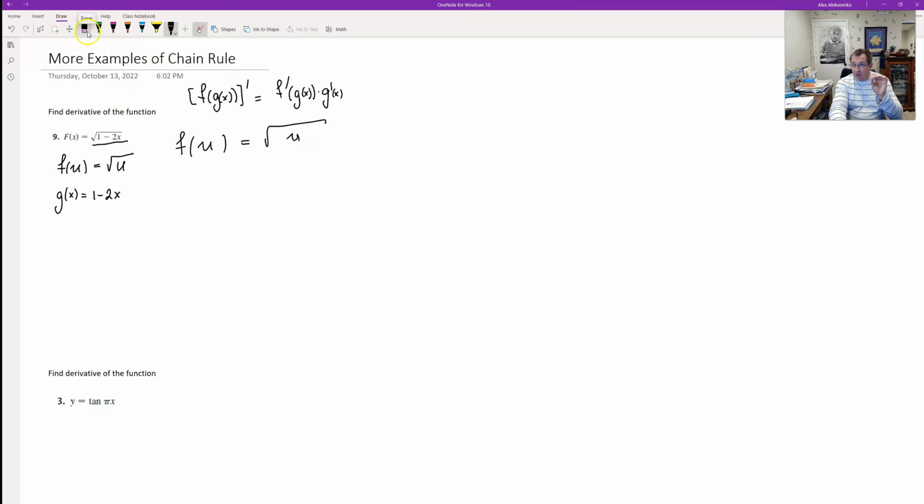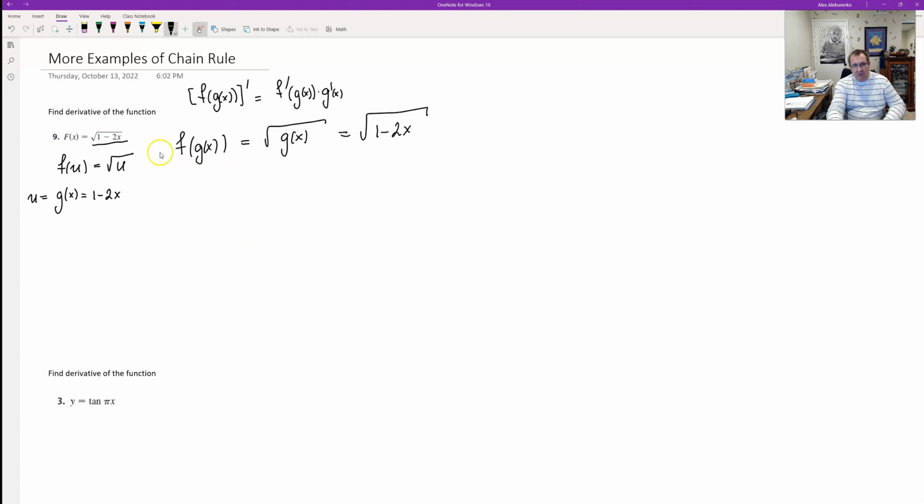I would like to compute a composition. Composition results from substituting u equals g of x. So every time I see u, I will remove u and put g of x. Now that's over here, but over here I will substitute the actual expression for g of x. I can do it in two steps if you wish. So it's going to be square root, and instead of g of x, I'll put 1 minus 2x.